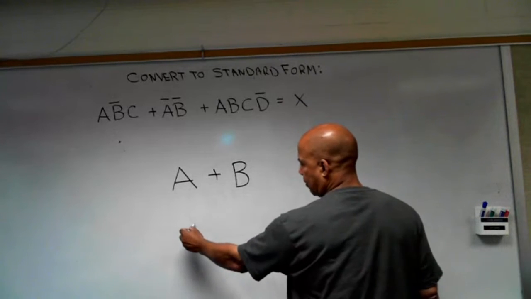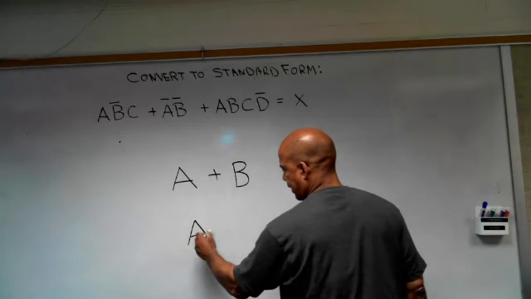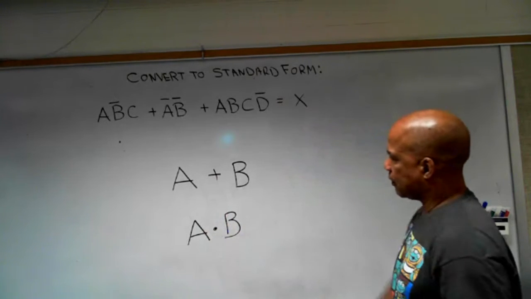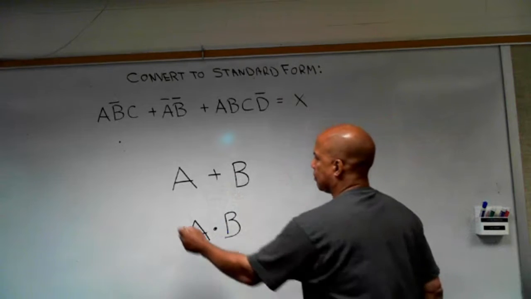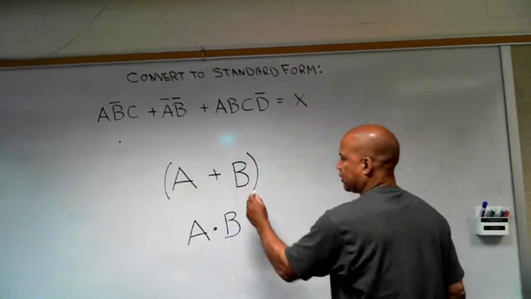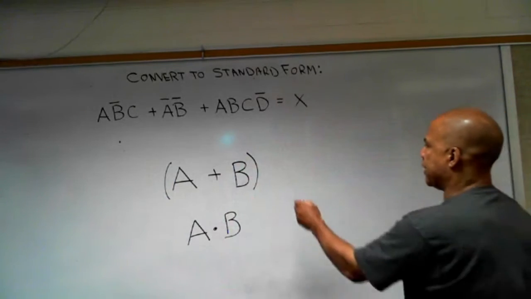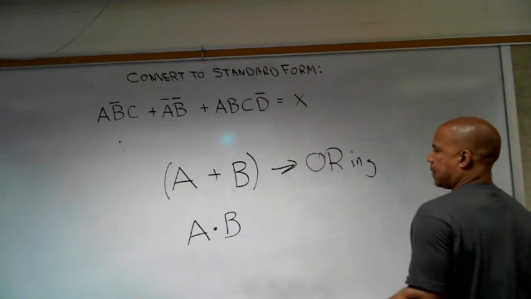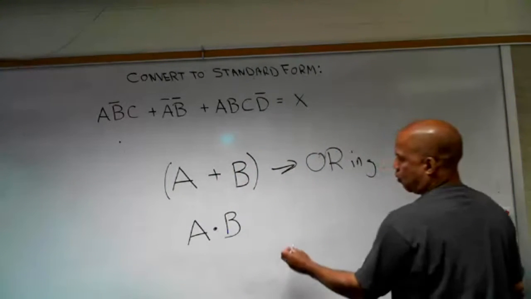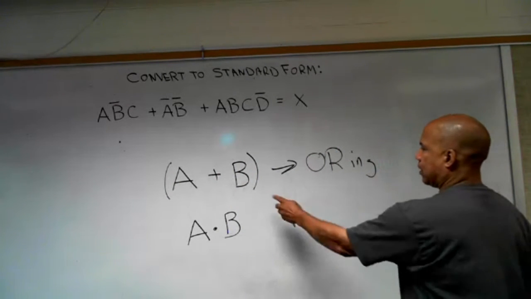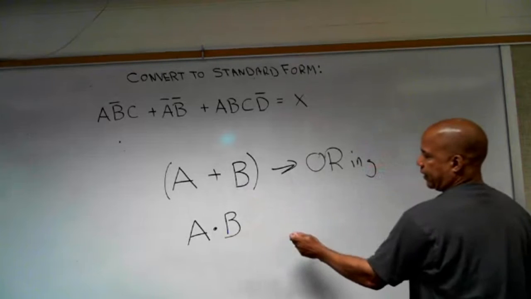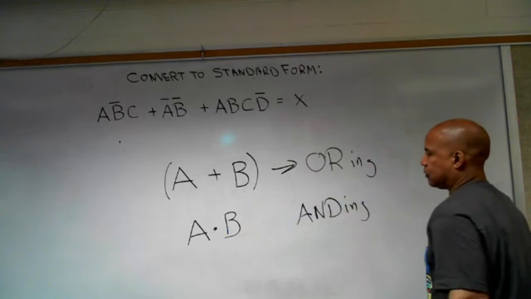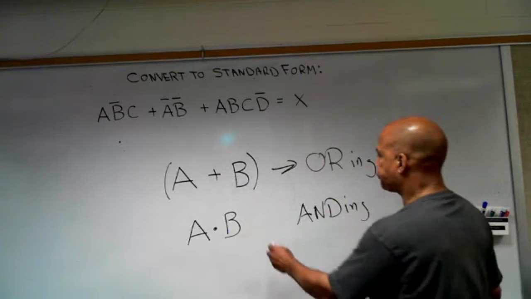If I have a product term, I'm taking two literals and I'm ANDing them together like this. So a sum term, sometimes we'll put it in parentheses to make you think of a term. So a sum term we're ORing, I said that wrong, and then here we're ANDing. So product term we're ANDing.